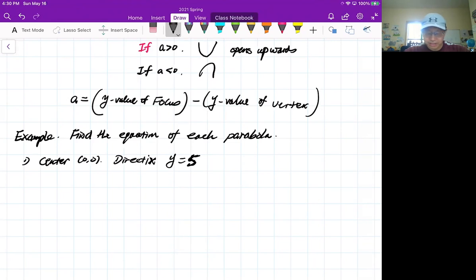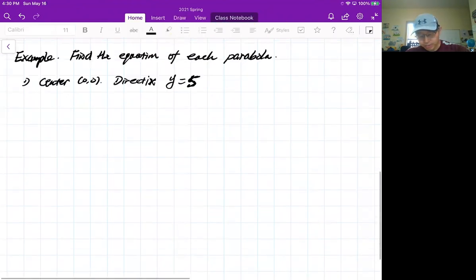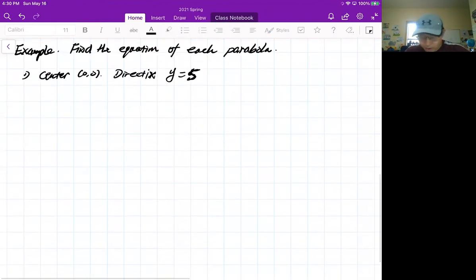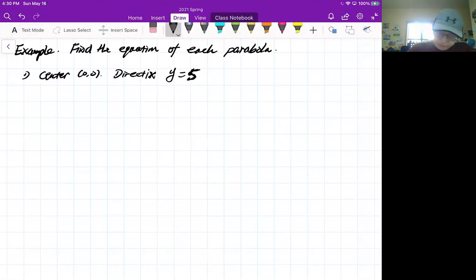So how do you draw the picture? Where the center is at the origin, let's say this is the center. And then y equals 5. Let's assume this is y equals 5.